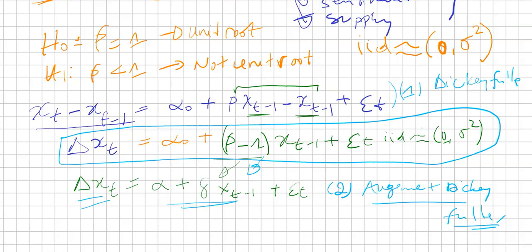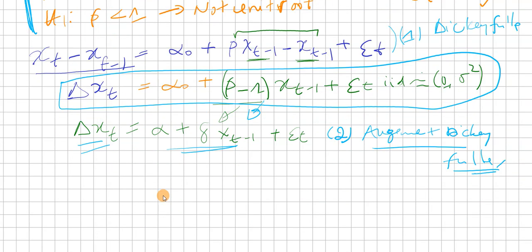The hypothesis for the augmented Dickey-Fuller: H0 is that delta should be equal to 0, and the alternative is that delta should be less than 0.